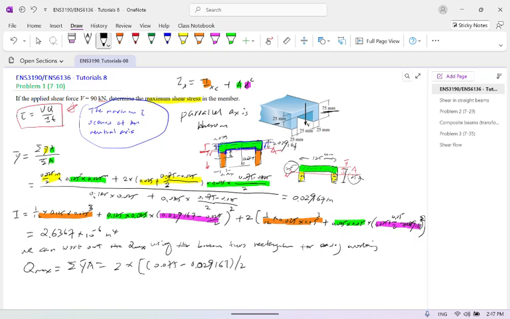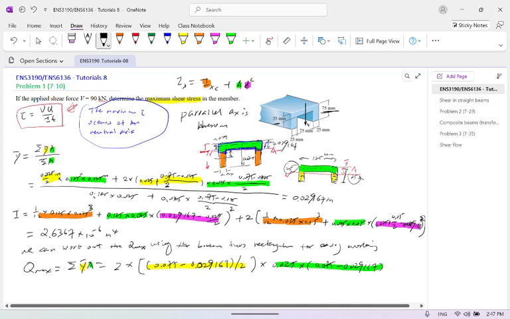That is the height, times 0.025, which is the width. This is the A, the area, because it is two rectangles. From here, you can work out this answer.